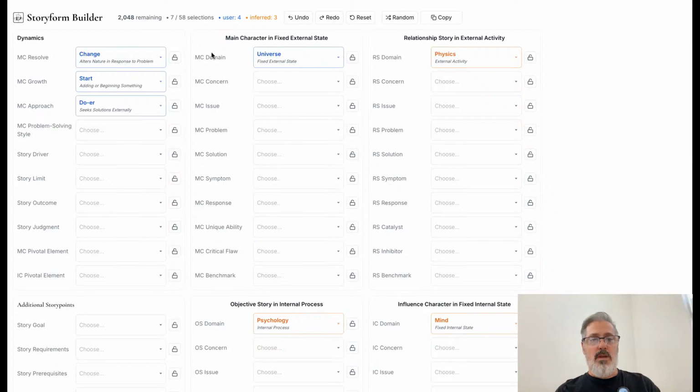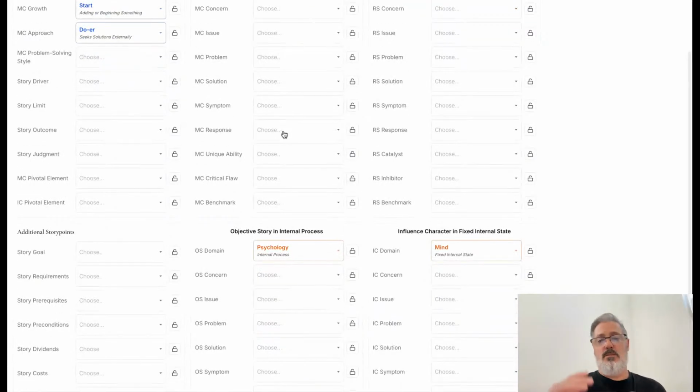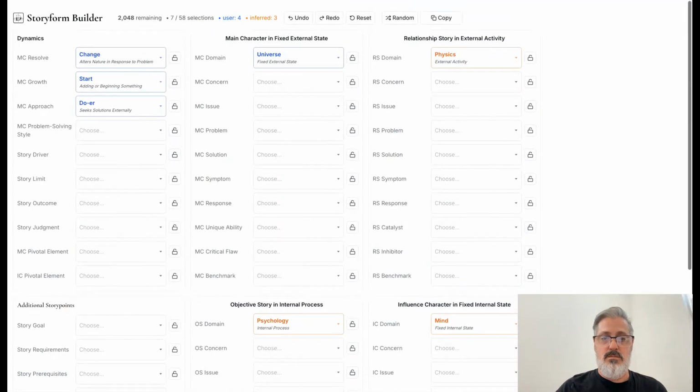These are dependent upon the dynamics that I have set over here. I already talked about doer and how that has to force the main character either into universe or physics. When I pick start here, that ensures that the relationship between the main character through line and the objective story through line is always in this vertical dependent relationship.